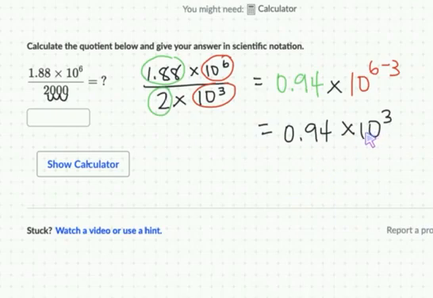Again, not in scientific notation, because it needs to be a number between 0 and 10. And this is a decimal right now. So it needs to have 1 digit to the left of the decimal point. So I need to change it to 9.4, not 0.94.